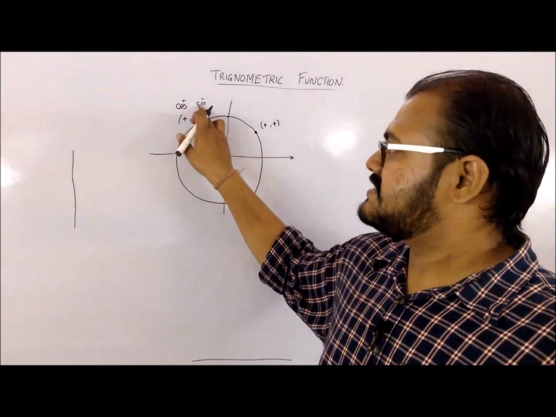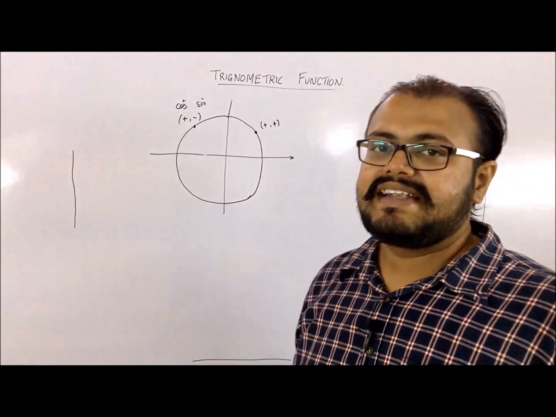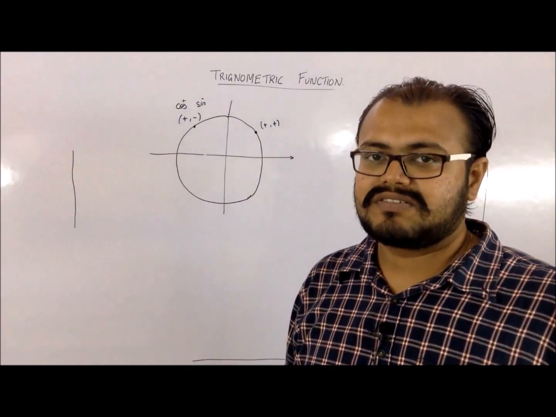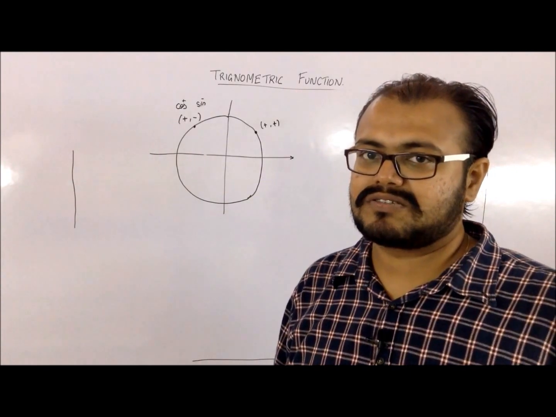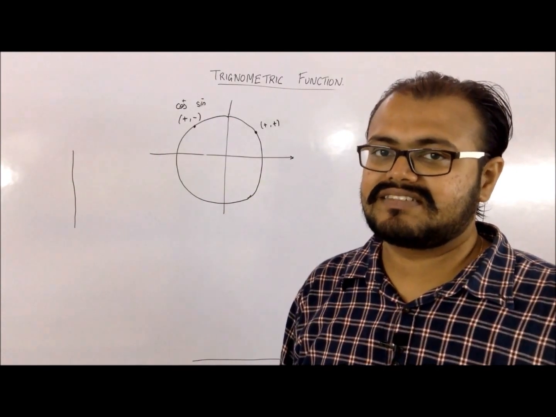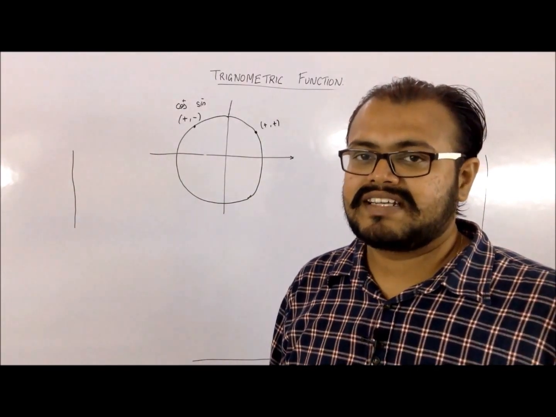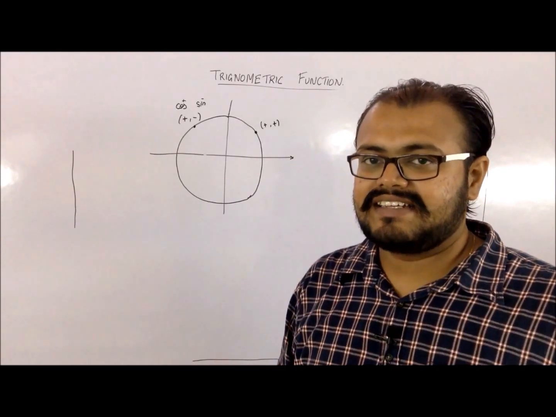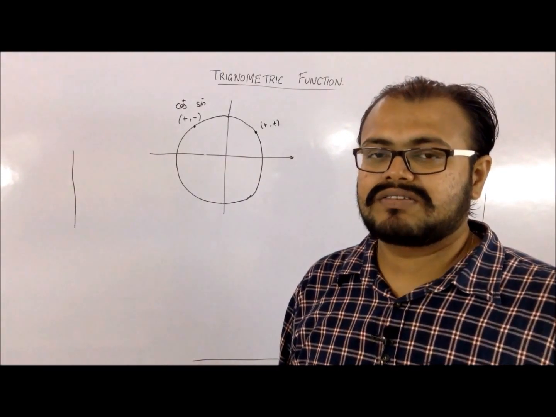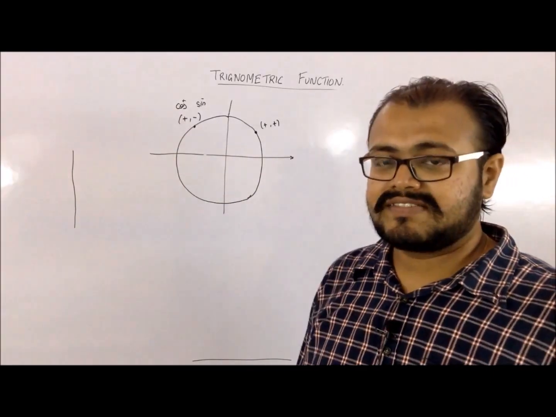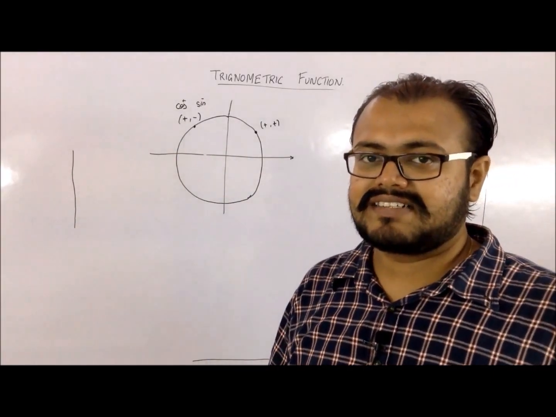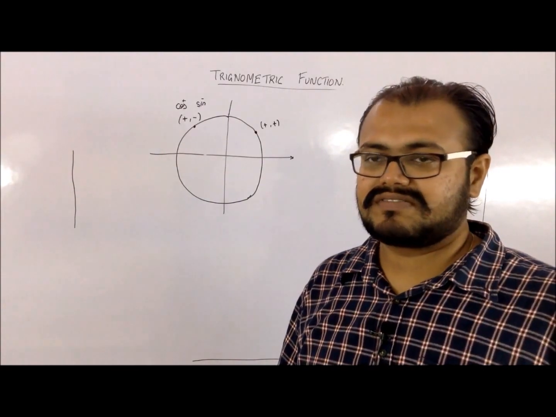So that is why, since sine is negative, tan also becomes negative, because tan is nothing but sine by cos, which gives me a negative because cos is positive and sine is negative. That gives me cot as negative, and since sine is related to cosec, my cosec also becomes negative. My cos is positive and the related one, that is sec, also becomes positive.